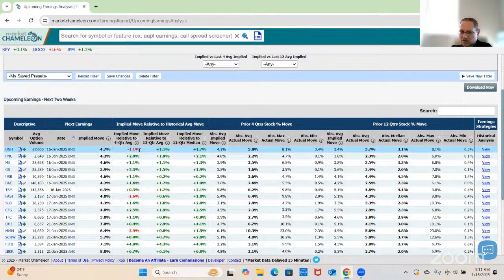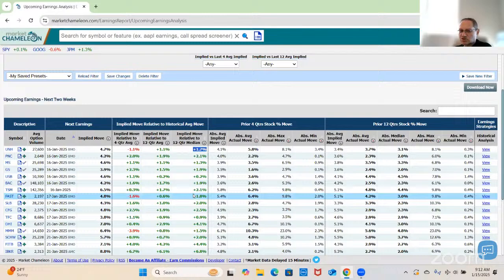So now we could see that if we compared the straddle to the last 4 quarters, it's underpricing it by 1.1%. For the last 12 quarters, it would be pricing it above by 1.1%. And the last 12 quarter median, it's above by 1.7%. So here it's a mixed bag. It's pricing it right in between.